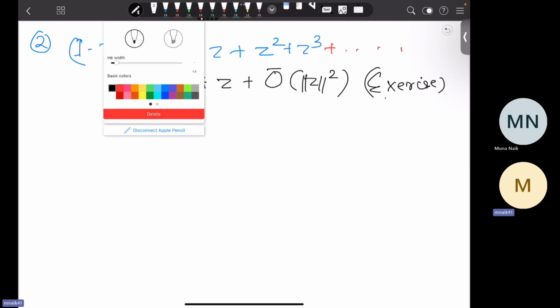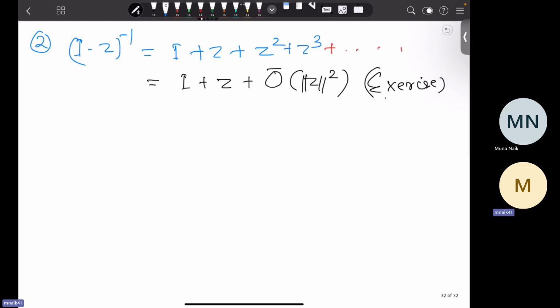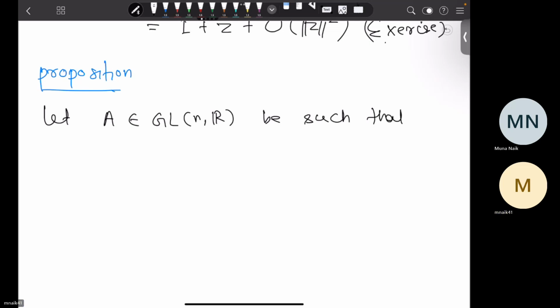Now coming back to the proposition. What was our proposition? Let A belong to GL_n(R) such that the norm of I minus A is less than 1.